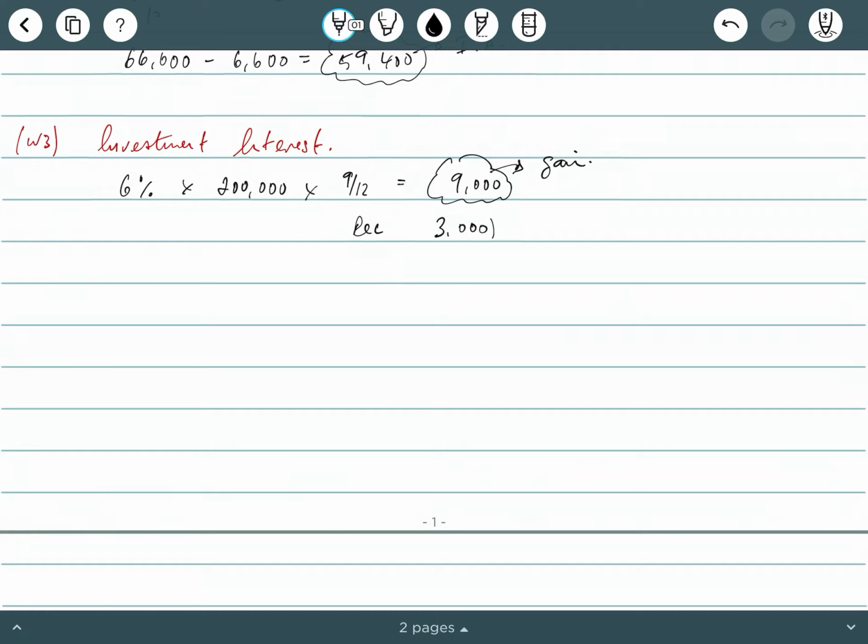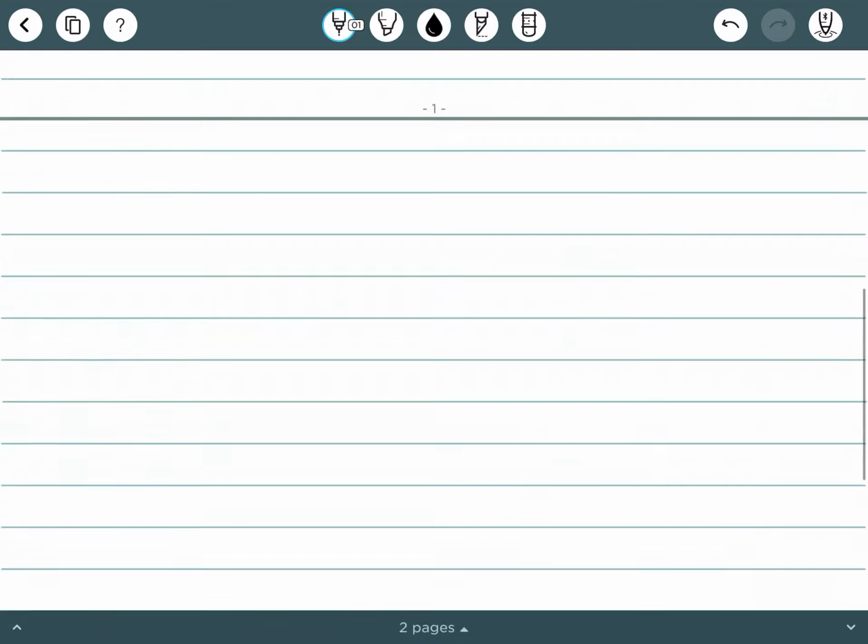That was included in our patents. That brings us down to 6,000. But if you look down there at working V, you see there at the very first one, investment income of 2,000 had been paid. So you've also received an additional 2,000 as well, later on in the year. So that brings us down to 4,000 that's due to us. If it's due to us, it's a current asset, and that takes care of your investment interest.